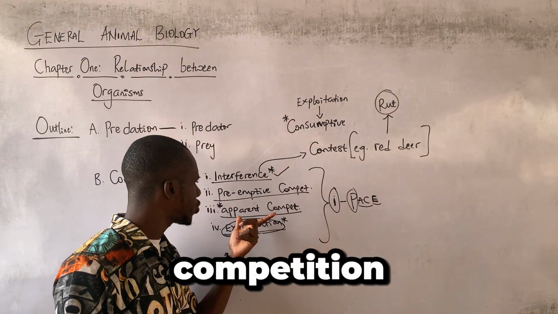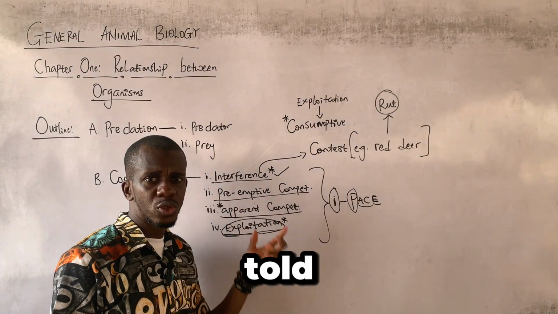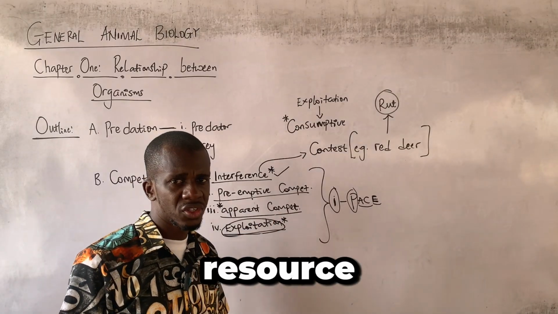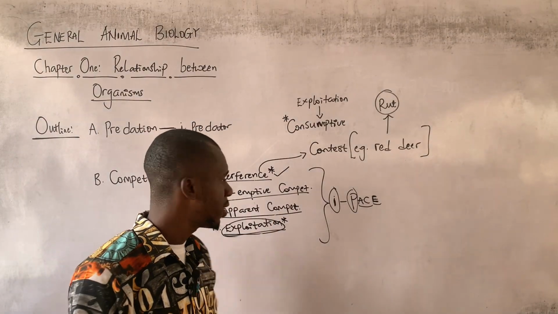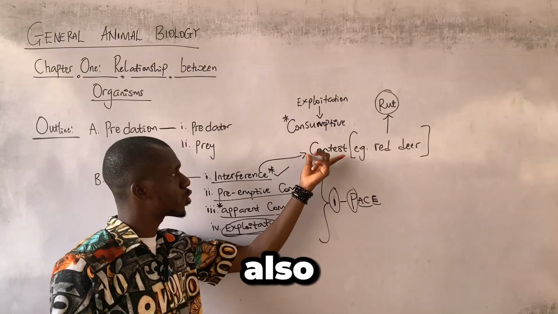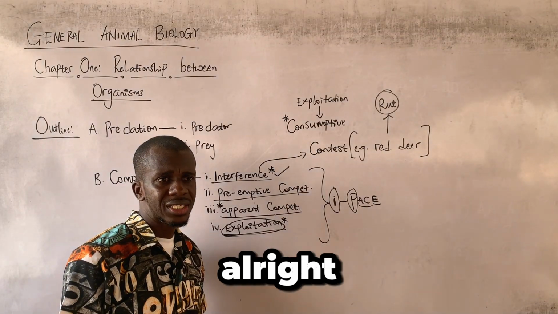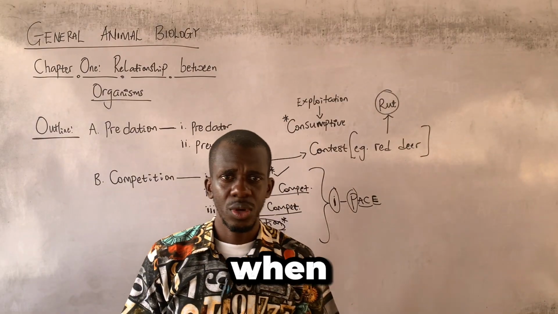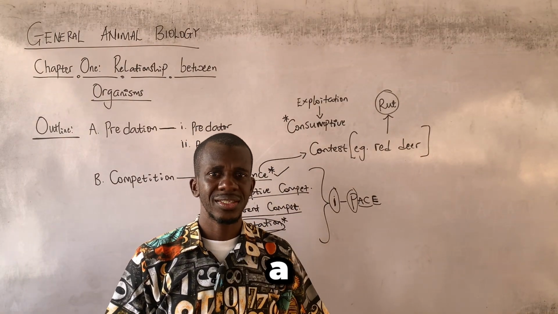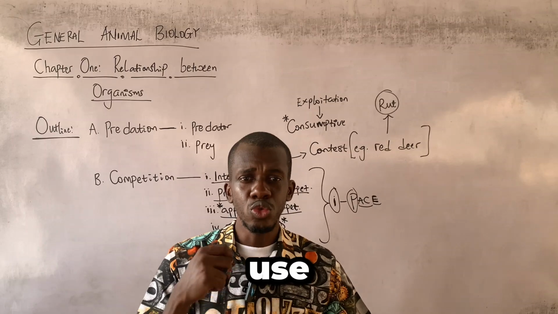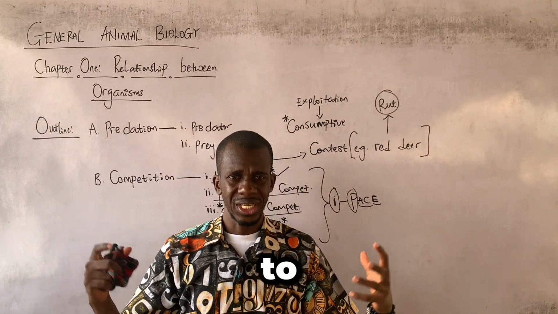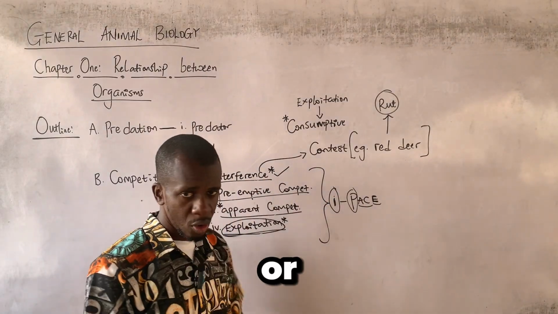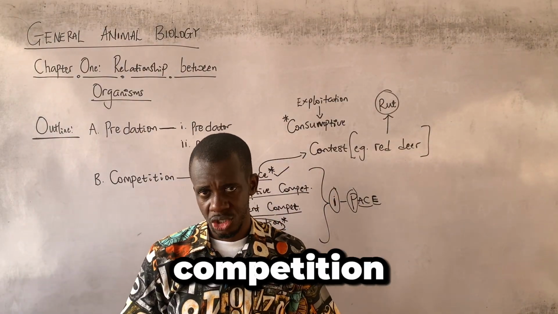The other type of competition we mentioned is preemptive, and I told you it's mainly territorial. Yes, apparent competition, we don't share a resource, rather we share a predator. Then interference is also known as contest competition, and it involves the use of force. So when we contend, whether as similar or dissimilar species, by use of force to get resources, we are manifesting what is called contest competition or interference competition.